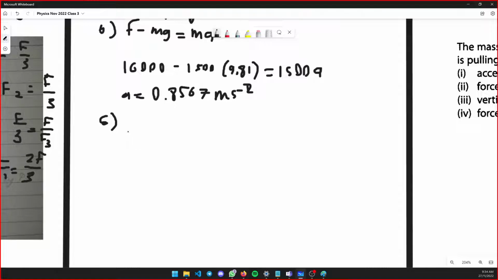So on ignition, during ignition, the thrust produced. How about I just type it out? I think me writing it down is just going to make it uglier.